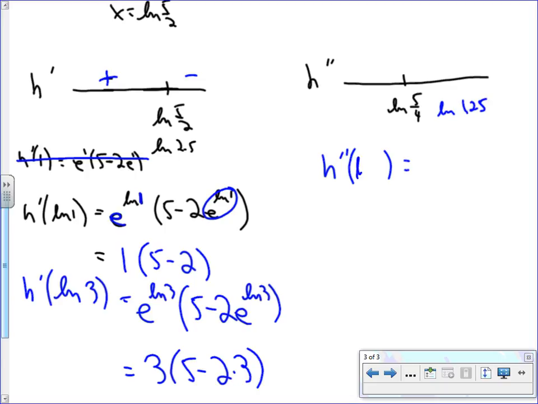So we're going to pick the ln of 1, and then on the other side, we're going to pick the ln of 2. Does everybody see how that works? And you would need to crunch through that in the same order. This answer turns out to be positive, and this answer turns out to be negative. This is really a repetition of the same kind of work. And we need to get to the last example.